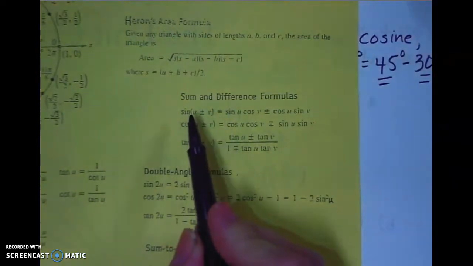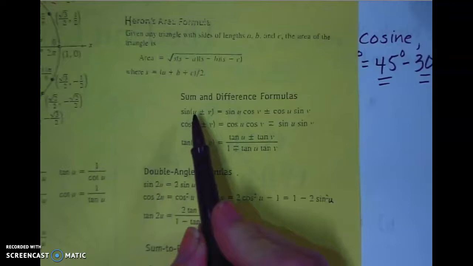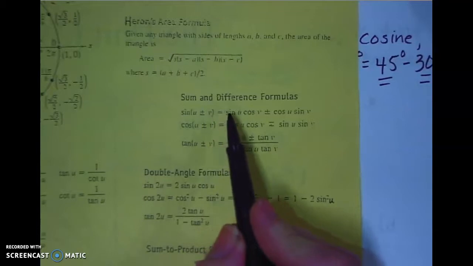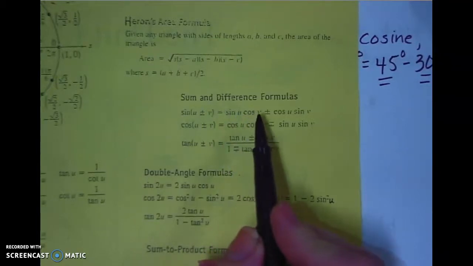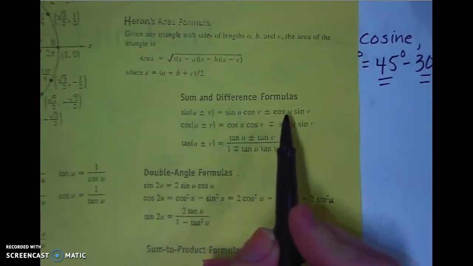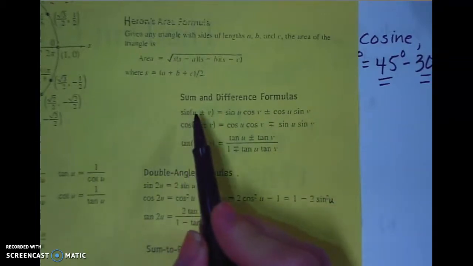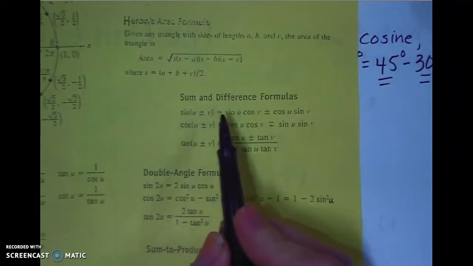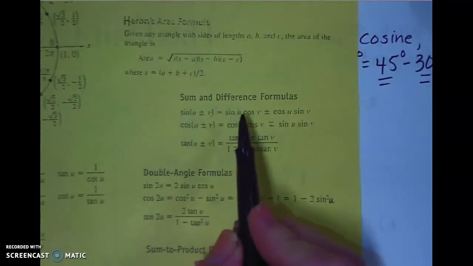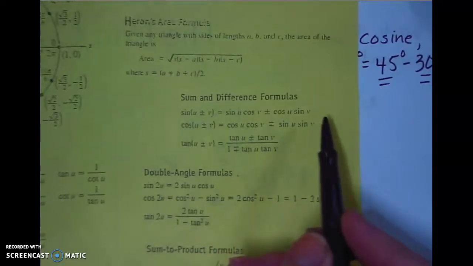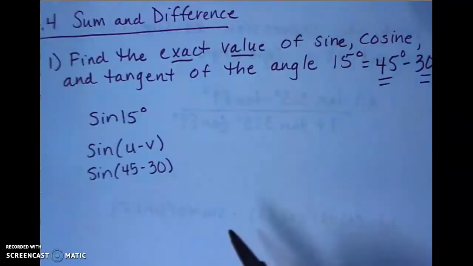It's just saying either you're going to use the sine of u plus v, and since you're sticking with the plus, which is on top, you're going to use sine of u, cosine of v, plus cosine of u, sine of v. This time we're using sine of u minus v, so we're going to be taking sine of u, cosine of v, minus cosine u, sine of v. So that's how that formula works.